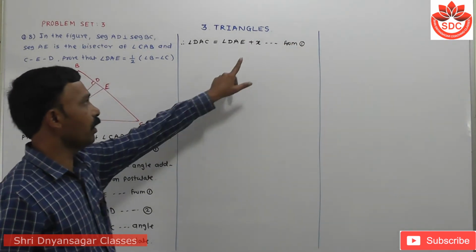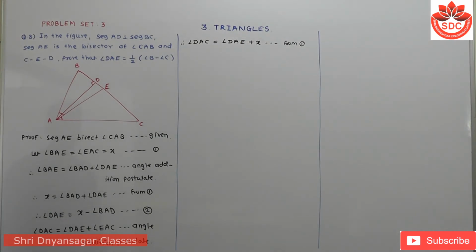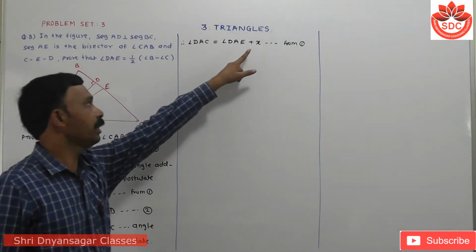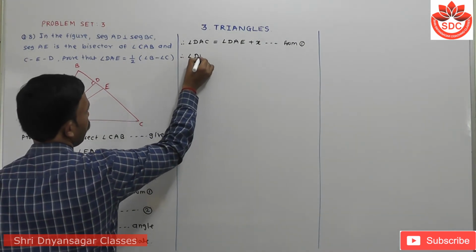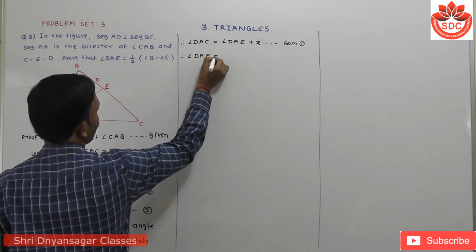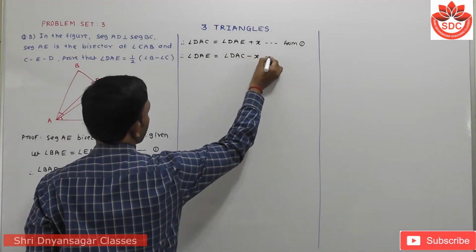Then also find out the value of x from this. We get here means that this value of DAE, then transpose this x to the other side, converting it to minus. So I will write here angle DAE is equals to angle DAC minus x.